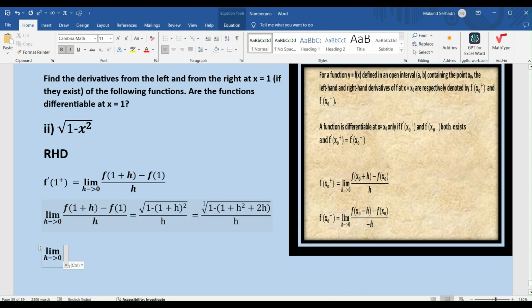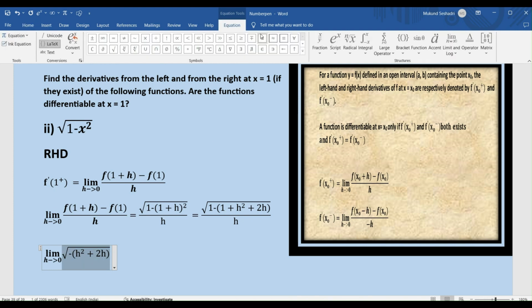I remove my 1 from the numerator. I'm left with, remember the minus here folks, that's very important, minus of h square plus 2h. I still have my h in the denominator, which means I'm left with square root of minus of h square plus 2h divided by h, right?